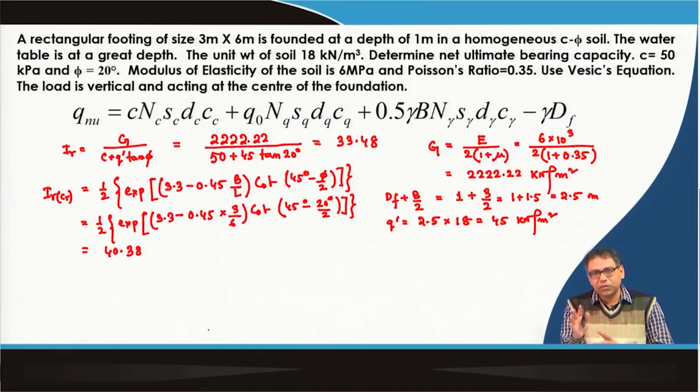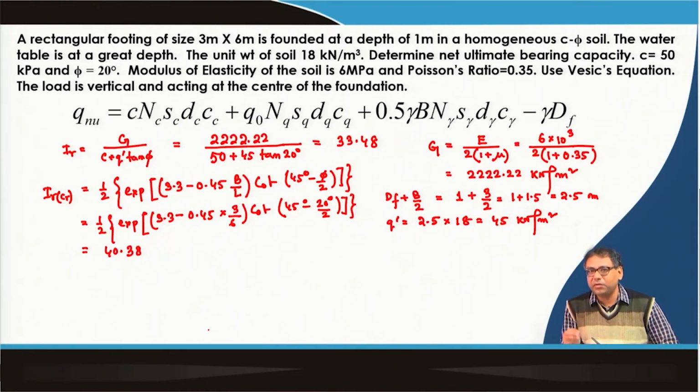Which is very close to the critical rigidity index, but it is less than the critical rigidity index. So, we have to apply the corrections; these correction factors are not 1. But by looking at these values, you can understand that they will be close to 1, because the difference between IR and IR critical is very small. So, the rigidity of the soil is very close to the critical value.